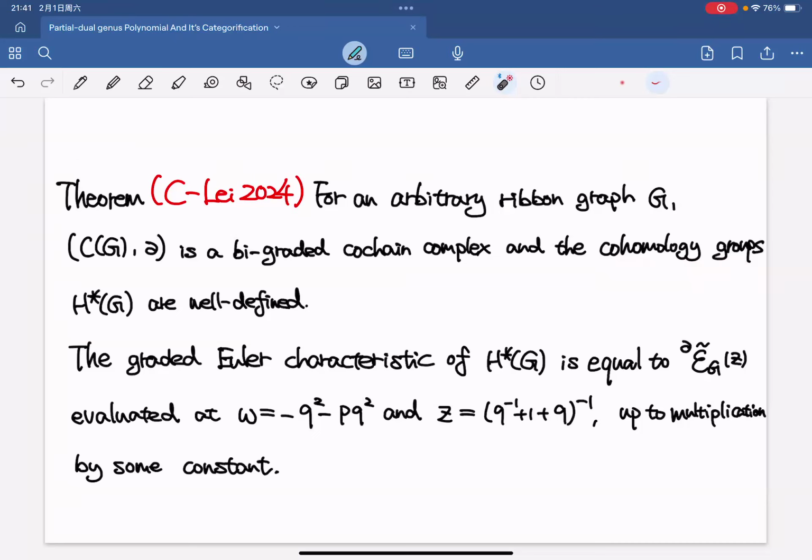And the graded Euler characteristic is equal to the graded partial dual genus polynomial up to multiplication by some constant. Of course, you need to write W in this form and Z in this form.